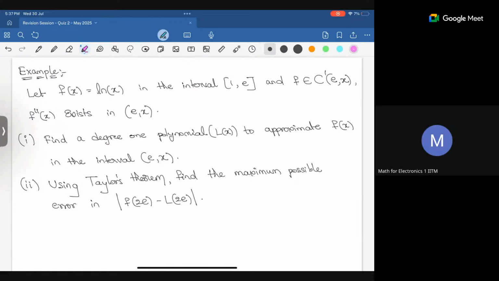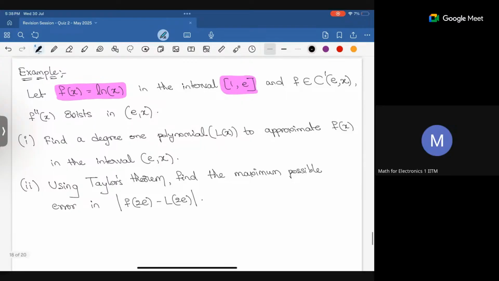So ln x is log base e of x. Even if you don't know what ln x is, that is okay. We are concentrating on ln x in the interval 1 comma e. So all you have to know is how the curve looks. Let me plot the curve for you.